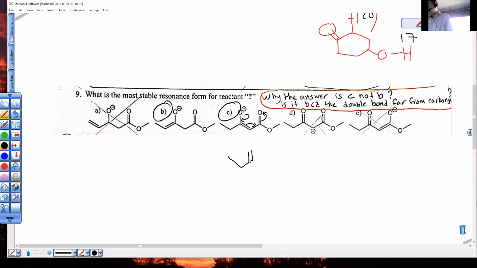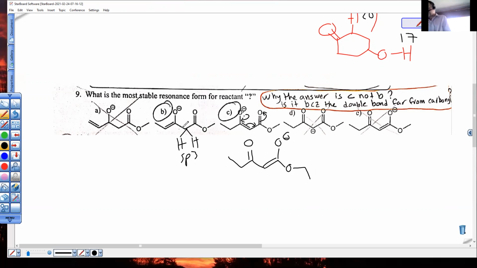And look at that. That's perfectly nice resonance, isn't it? And this is sp3 over here. You can't resonate through this position at all. You can't get from this O minus to the other O minus.